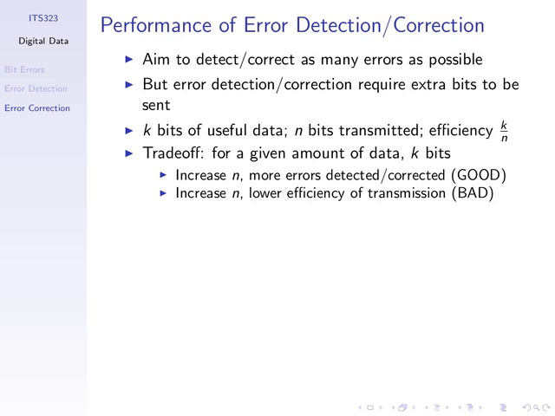Go back to our forward error correcting code where we had 2 bits of data and a 5-bit code word. If we were using this over a link which had a data rate of 1 megabit per second, if there were no errors, what's our throughput?